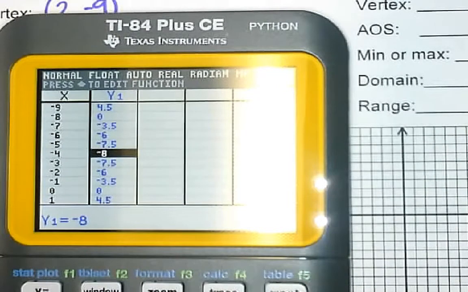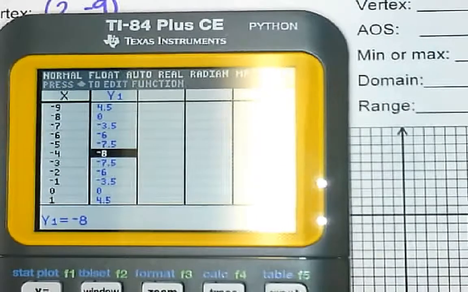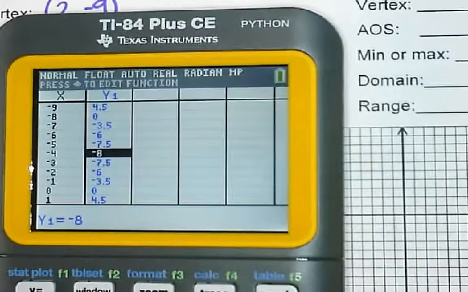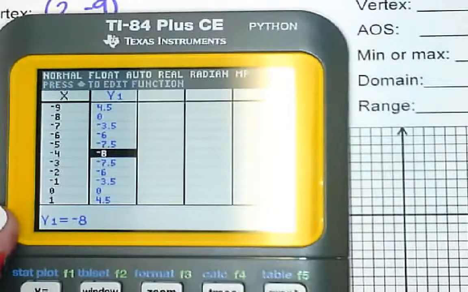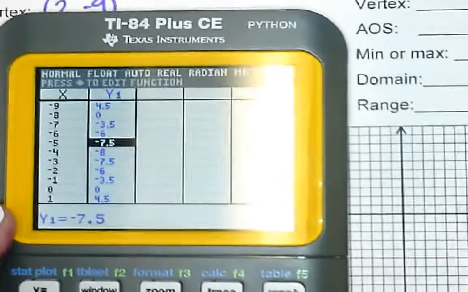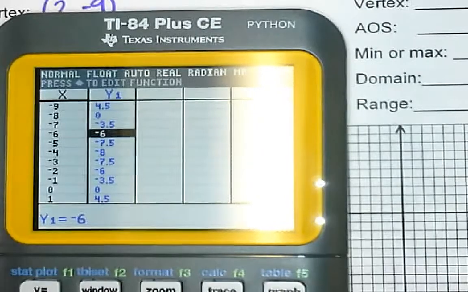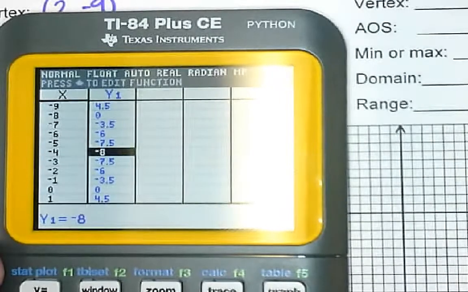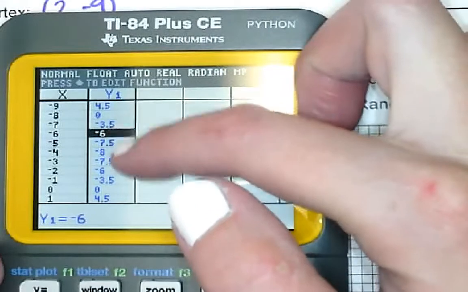All right, so hold on, guys. Check this out. When you look on your table, what do you notice? Where is my vertex on this table? Where is it symmetrical? Are my values symmetrical around that -6 right there? -3 and -5?